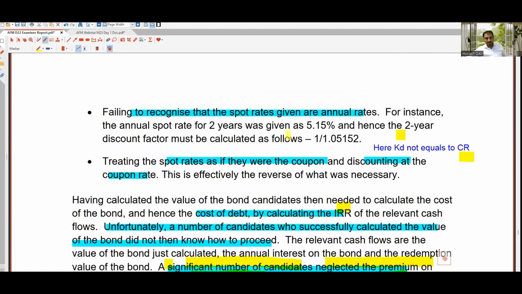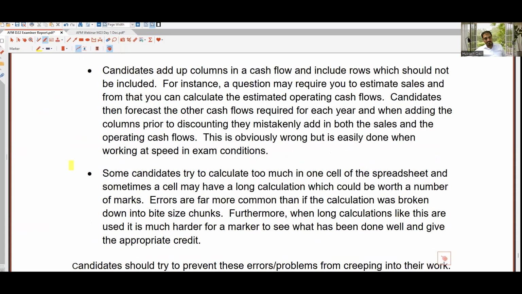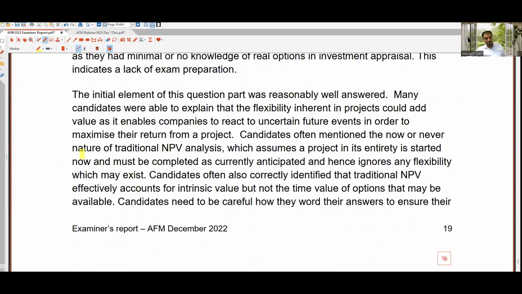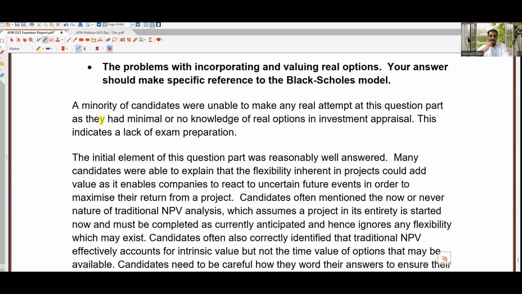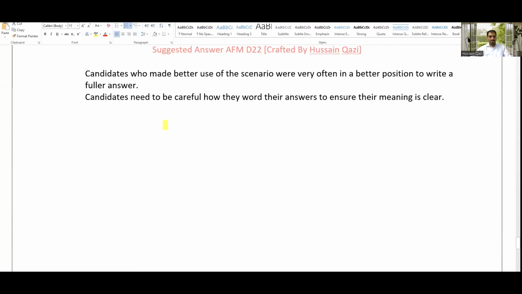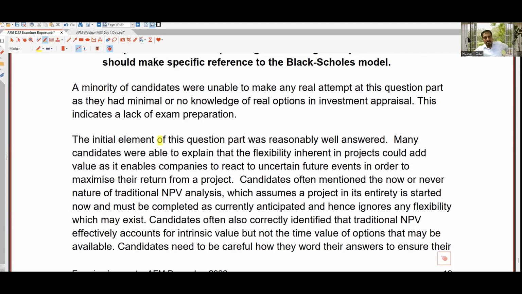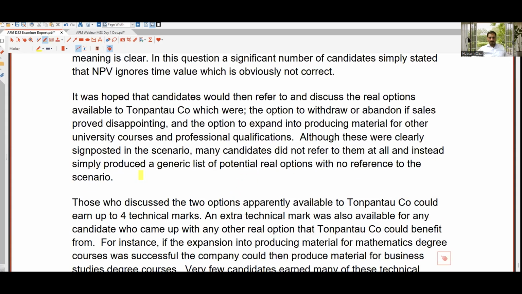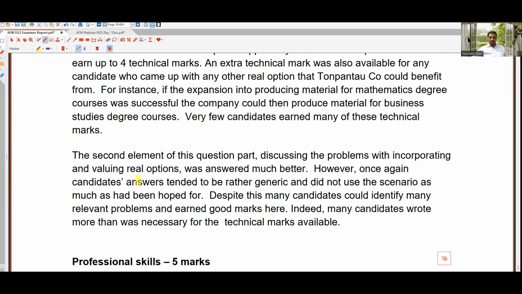Now, point number 13. No, nothing else. All the matters we have already covered.